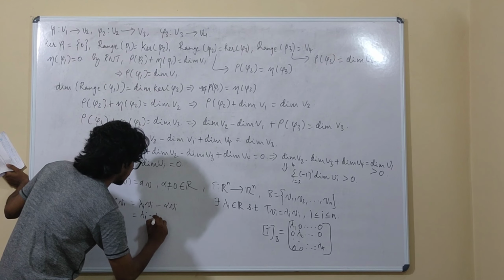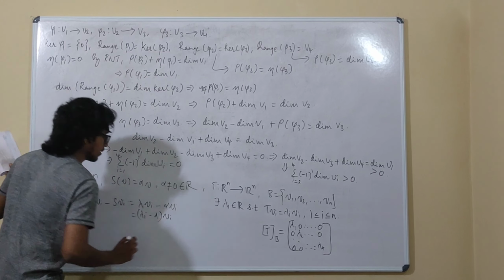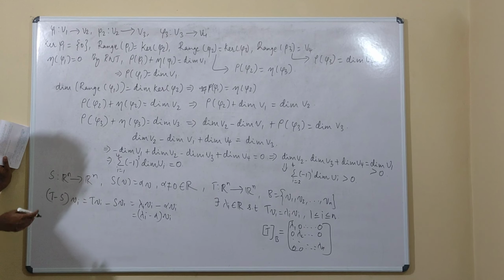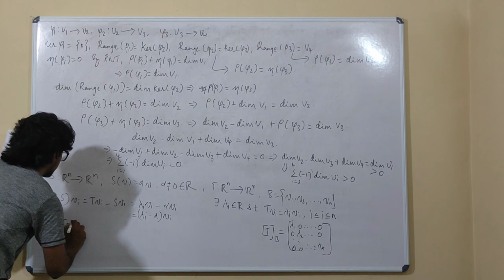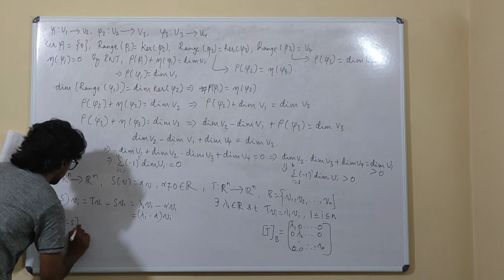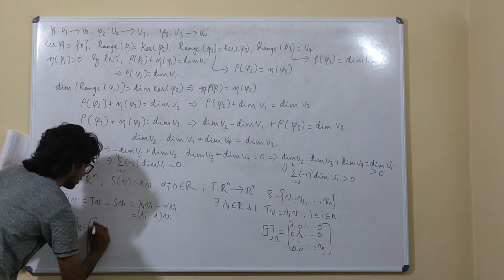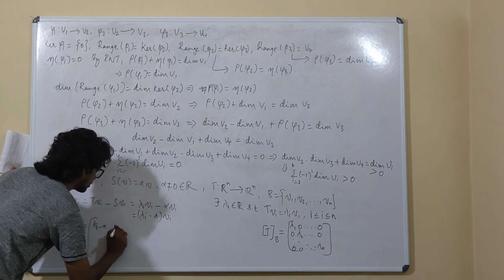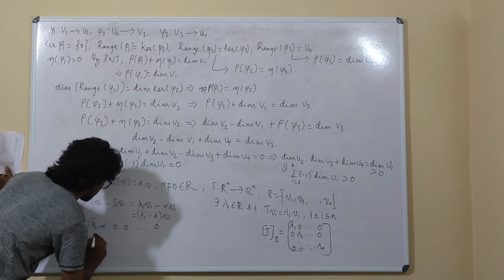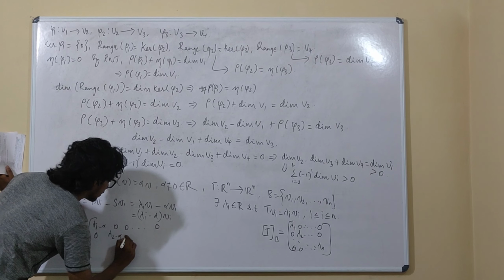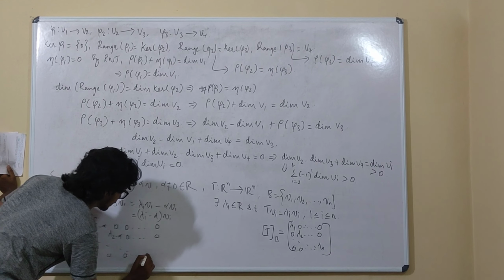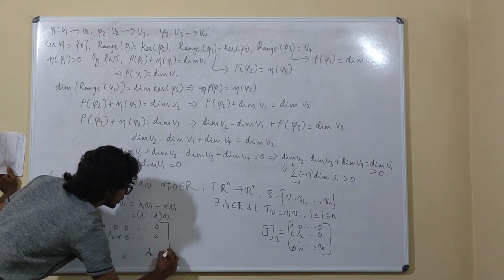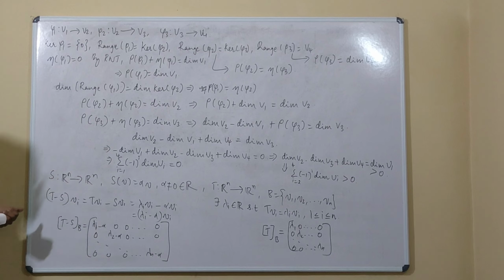So this is lambda i minus alpha times Vi. If you try to write the matrix with respect to this B, lambda 1 minus alpha, 0, 0, then lambda 2 minus alpha, in this way you would get lambda n minus alpha.